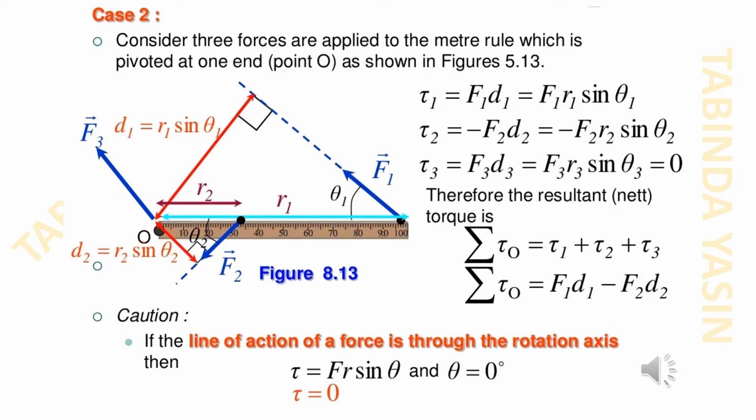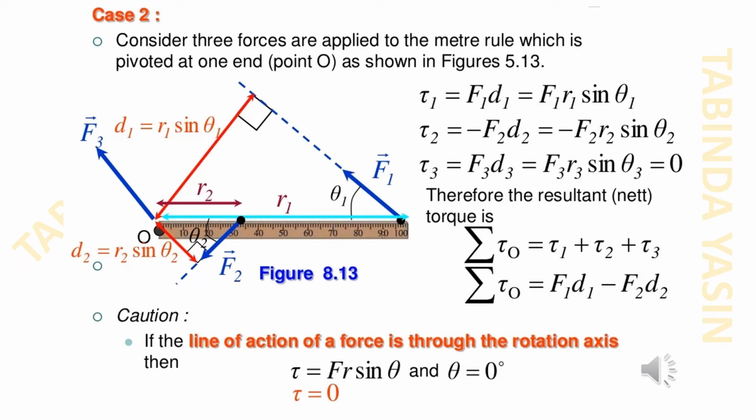Case 2. Consider three forces applied to the meter rule, which is pivoted at one end point O, as shown in figure 5.13. You can see that there is a force F1 making an angle theta 1 and F2 making an angle theta 2 with the distance from the pivoted point. d2 is equal to r2 sin theta 2 and d1 is equal to r1 sin theta 1.